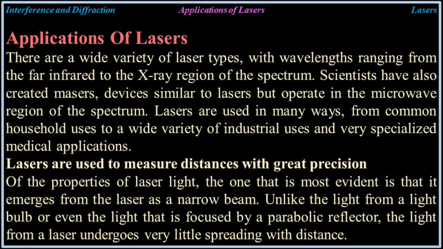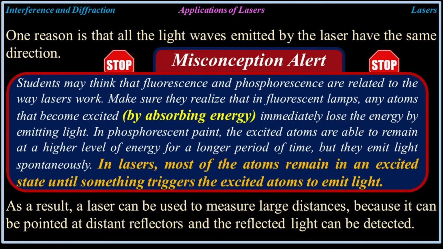Of the properties of laser light, the one that is most evident is that it emerges from the laser as a narrow beam. Unlike the light from a light bulb or even the light from a source that is focused by a parabolic reflector, the light from a laser undergoes very little spreading with distance.